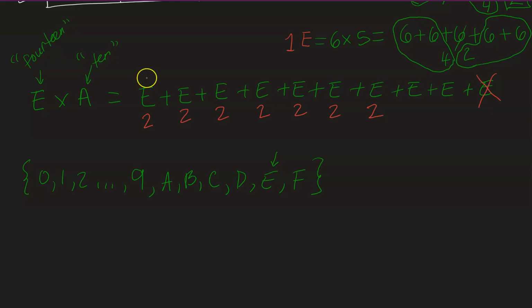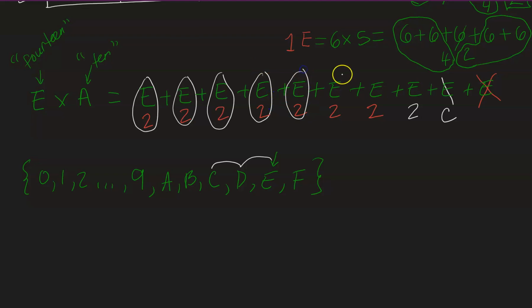Okay, so this one E right here is going to need a 2 to make a full group of 16. So I'm going to take that 2 from here, right? That E is going to have, I give 2 to this E right here, so there's 2 less. So 1 less, 2 less, so that would be C. Overall, I have 1 full group, 2, 3, 4, 5, 6, 7, 8.